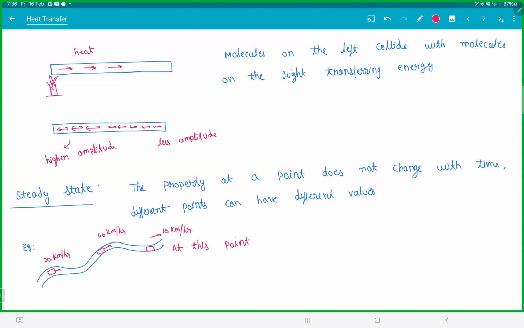No, but the speed of any vehicle at a point is constant. Is that making sense? So at this point, let's say the speed limit is 10 kilometers per hour. What this means is the speed of any vehicle at this point is constant, whereas the speed of the vehicle is not constant.